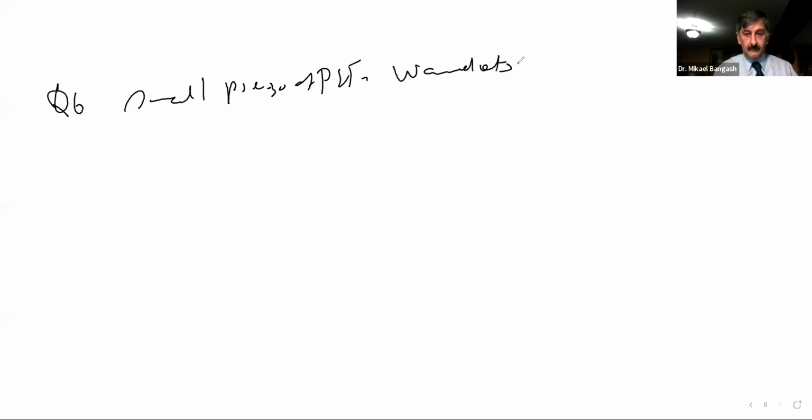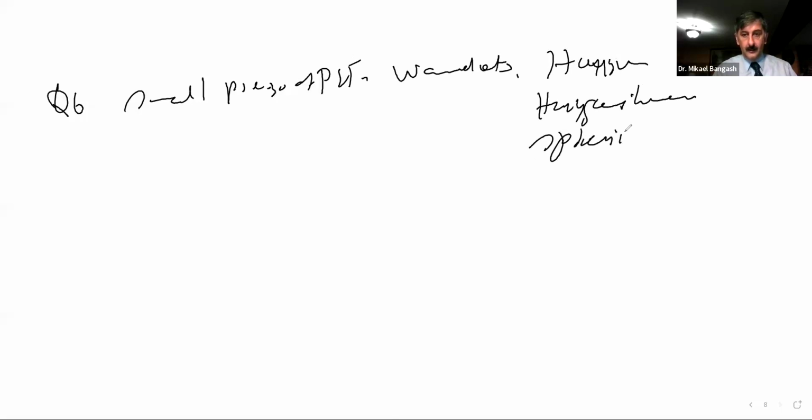Question number 6. Now, what is the shape of a sound beam created by a small piece of PZT? A small piece of PZT is going to create what we call the wavelet, or the Huygens wavelet, or what we also call a spherical wavelet.